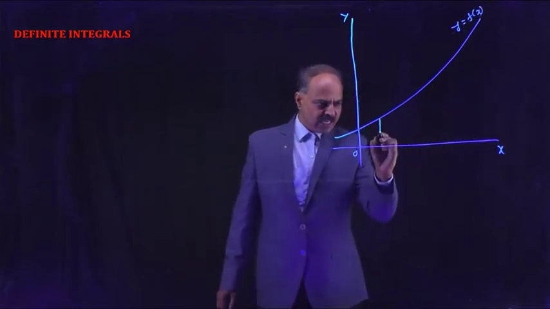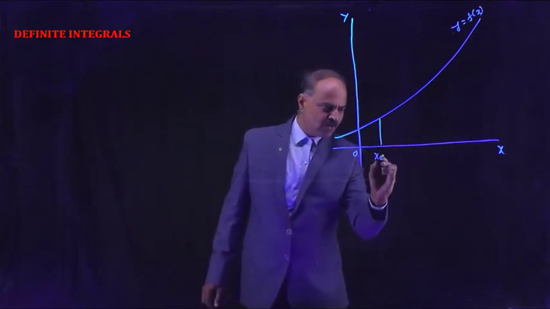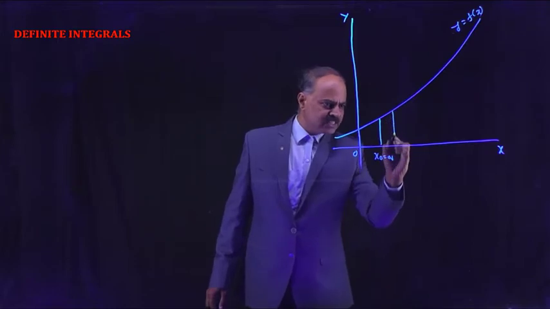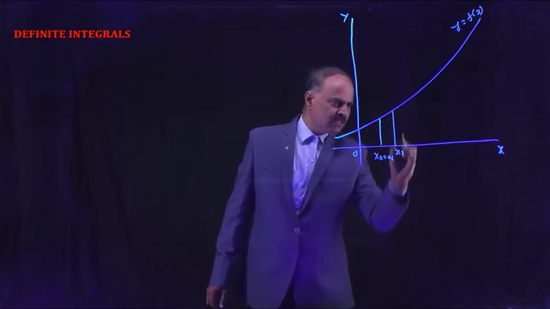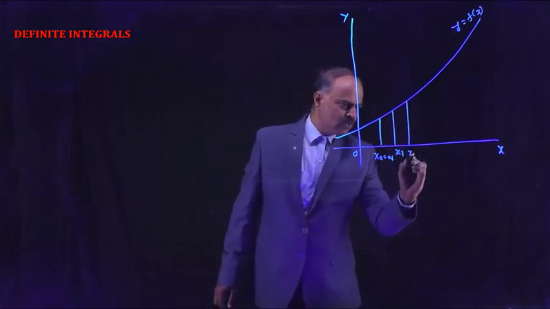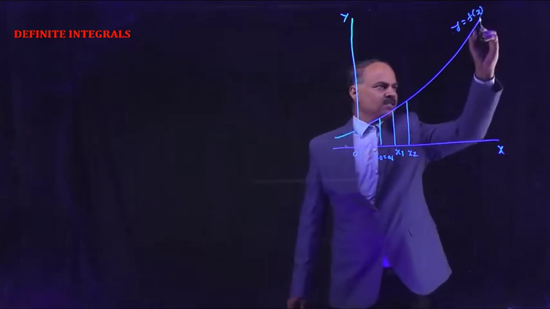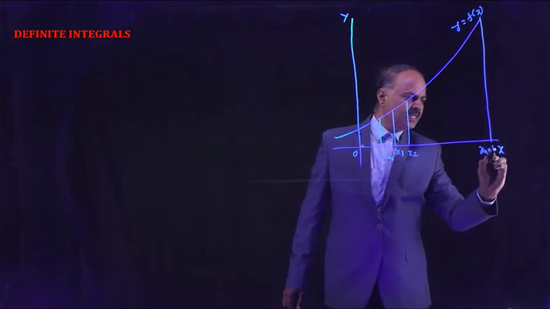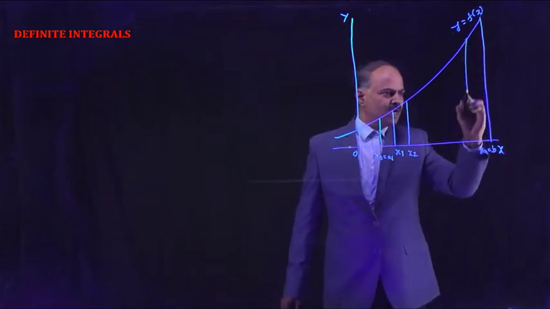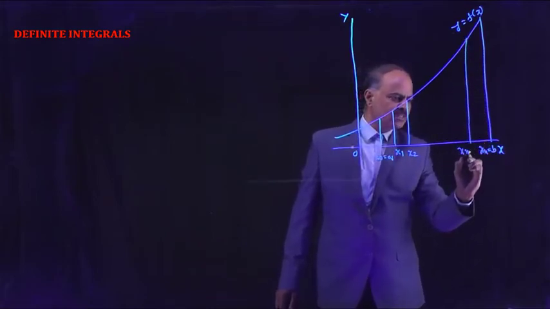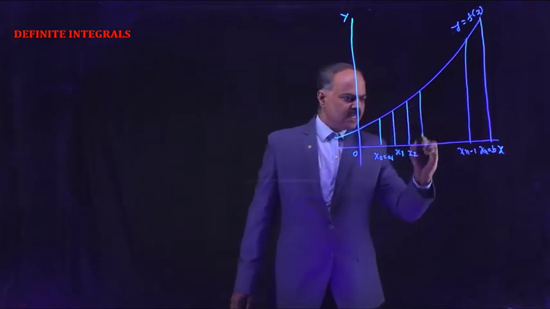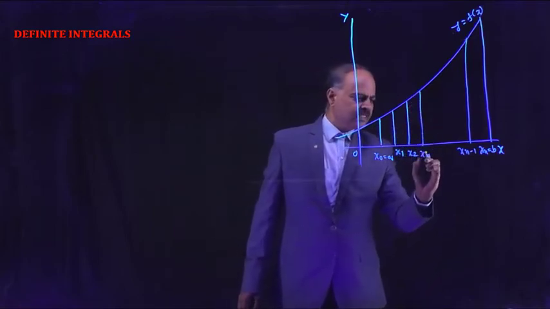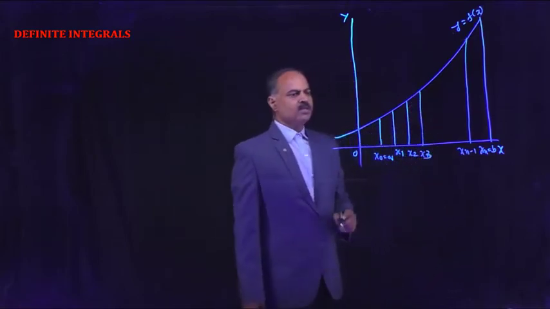This is x0 equal to a, this is x1, this is x2, and so on. This is xn equal to b, this is xn minus 1, this is x3, and so on.